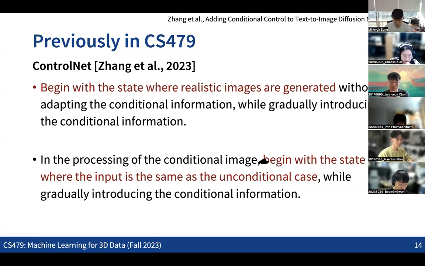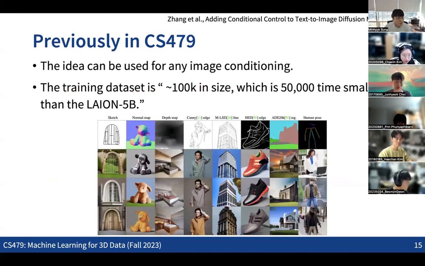Let me quickly skip this. This idea can be used in many conditional cases when the conditional data is an image. When the conditional data and the outputs are the same type of data, like images or 3D, we can apply the same zero convolution idea, processing both the conditional data and the noisy data in the reverse process using the same kind of neural net architecture.